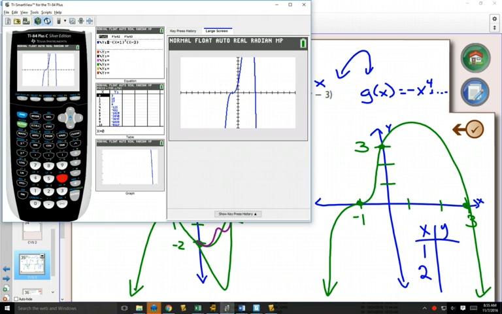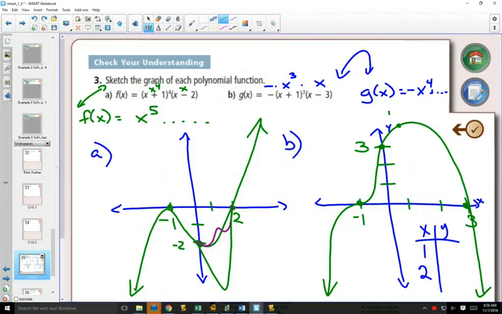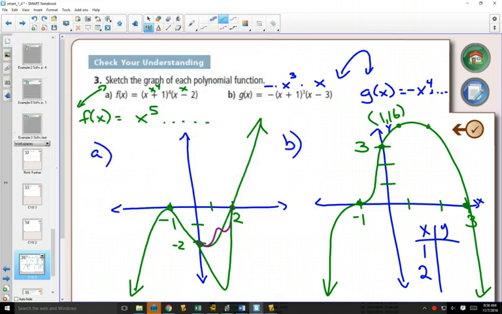But above your graph button, if you go second graph is table, and it makes a table of values for you. So if you have your calculator and want to make a table of values quickly, this is an awesome way of doing it, because it tells us that at 1, this point here should have been at 16. And at 2, this point, obviously my graph is very accurate, is at 27. So my scale is perfect here, right?